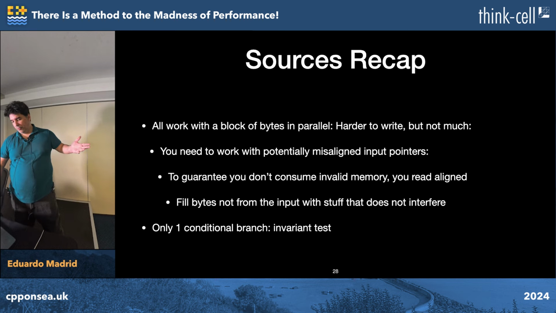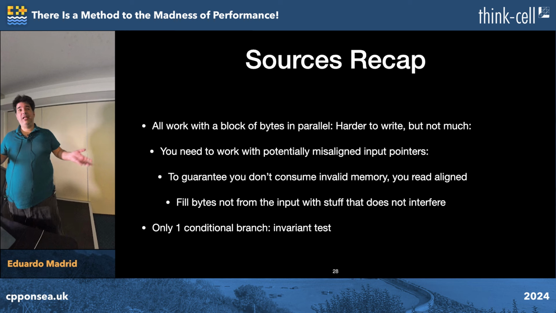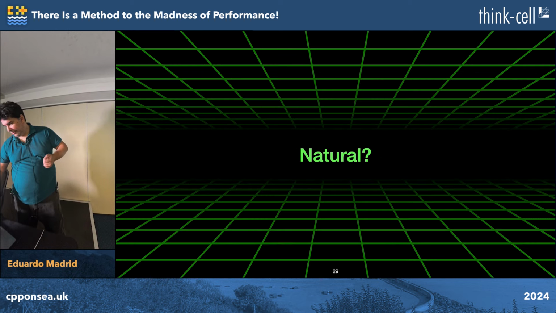And I hope that you noticed that there was only one conditional branching, the detection of the loop invariant being broken, and that's the minimum that you can have in something that has a loop, right? That the loop invariant was broken. So this is minimal and optimal in that regard.